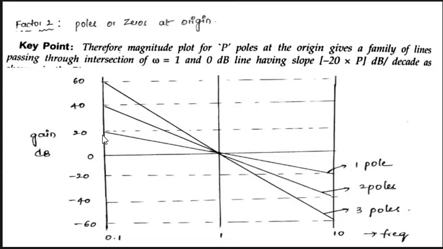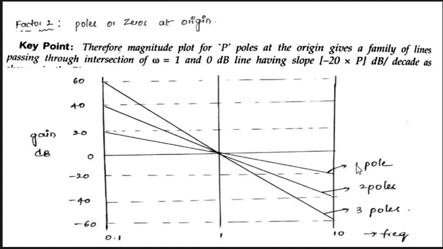Start here because at omega equal to 1 the curve intersects the 0 dB line, and the condition is minus 20 dB per decade. So it starts at 20 and decreases 20 dB per decade. 20 minus 20 is nothing but 0, so it intersects the 0 dB line, and again in the next decade, again minus 20 dB per decade. So here 0 minus 20, the line is drawn to minus 20.